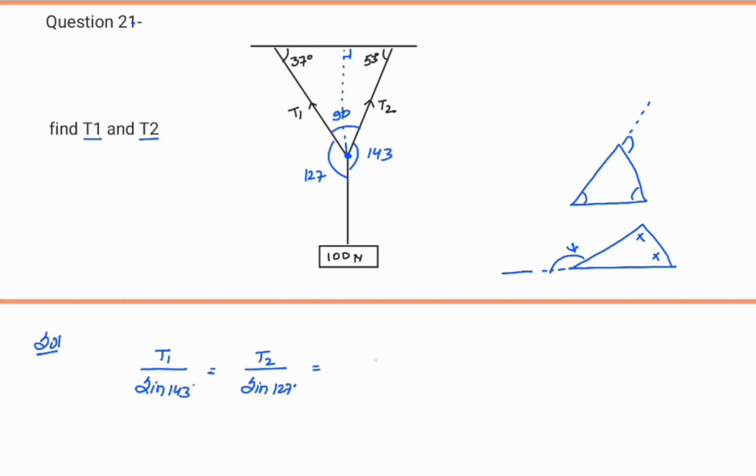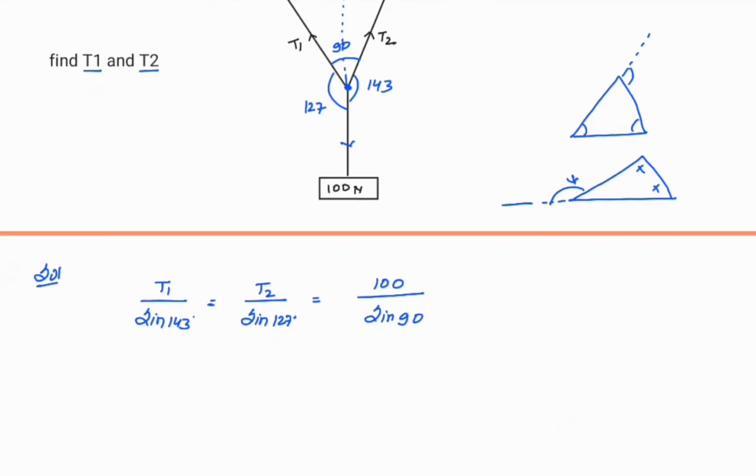Similarly, the tension on the third string is 100 Newton, because 100 Newton is suspended from this. It will be divided by sine of 90 because in front of it the angle is 90 degree. We know sine 90 is going to be 1.